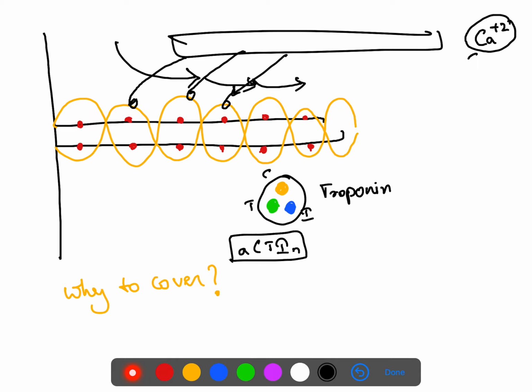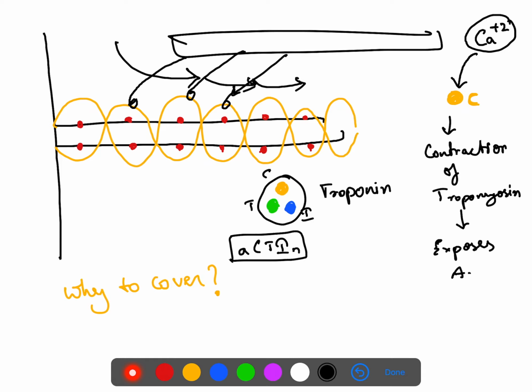As soon as the calcium is released, it binds the C protein of troponin, which causes the contraction of tropomyosin, which exposes the active site, which is bound by myosin molecules.